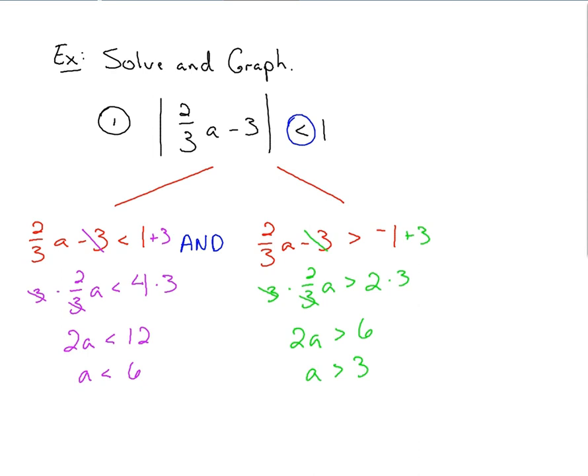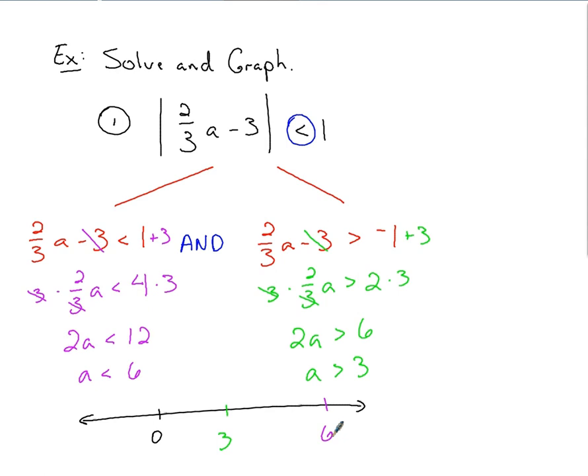So we'll watch the solution set unfold here on the number line as we consider the graphs for both of these inequalities. Throw 0 on here for perspective's sake. Throw 3 on here because I know that's something I have to revolve my solution set around. I'll throw 6 on here because I know that's something I have to revolve my solution set around.